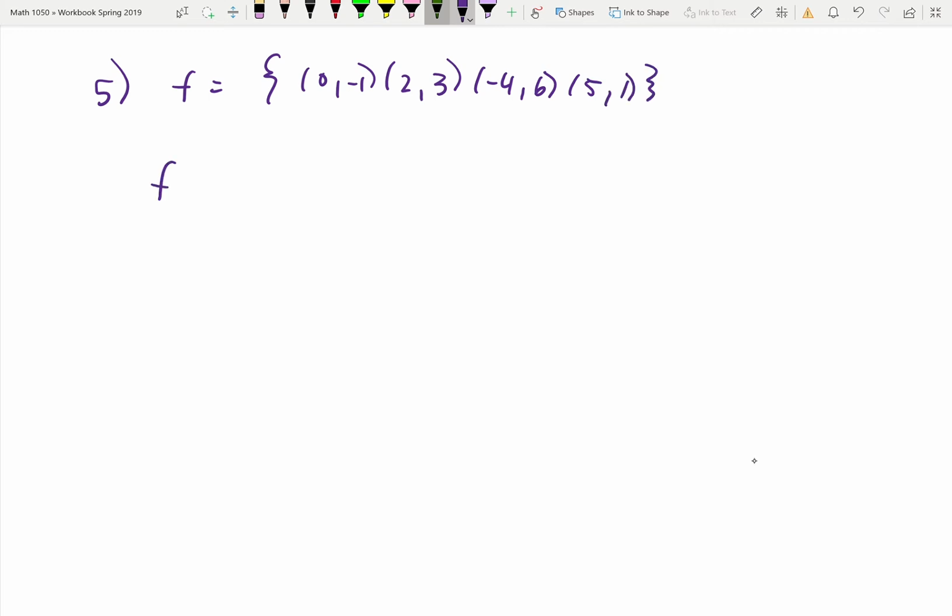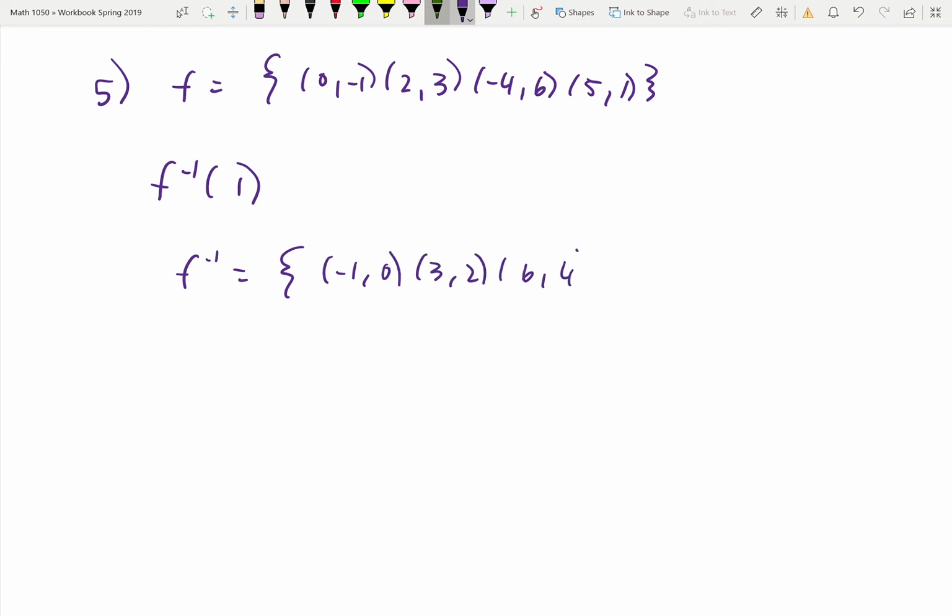Okay, here's question 5. They give you this f. It's a set of ordered pairs, and then they ask you, what is f inverse of 1? Well, the inverse of that function is just switch the x's and y's.